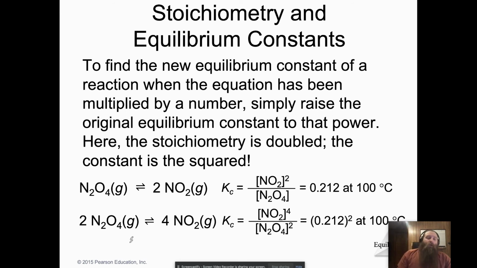So if we double everything from equation 1 to equation 2, then we're going to raise that to the power of 2. We're going to square it. Same thing if we wanted to triple it, we would cube it. If we want to multiply by 4, we'd raise it to the 4th power. That saves us from having to do a whole lot of extra maths.